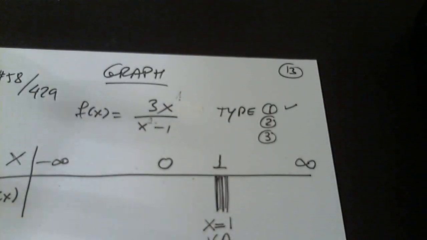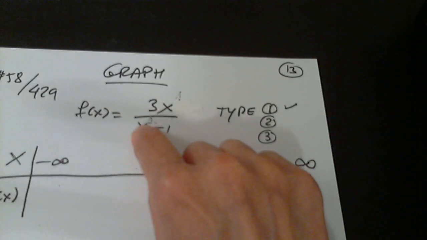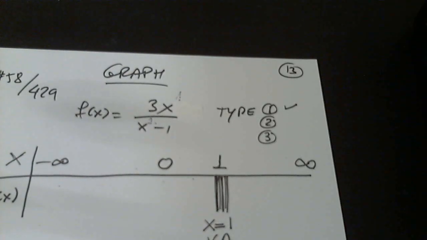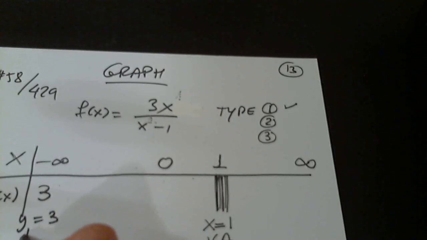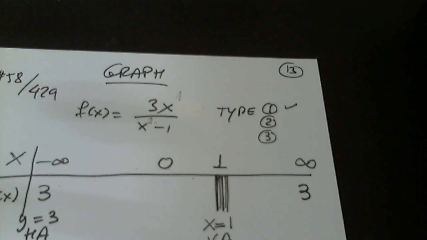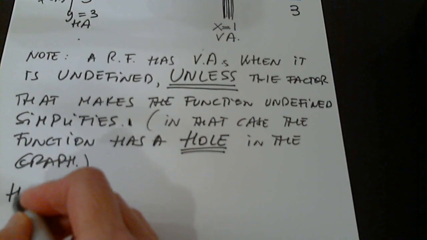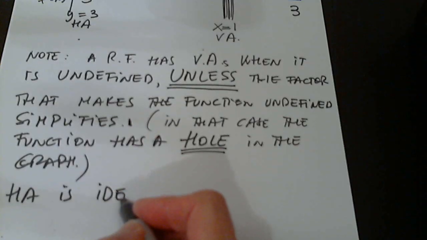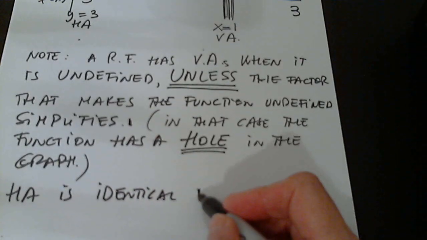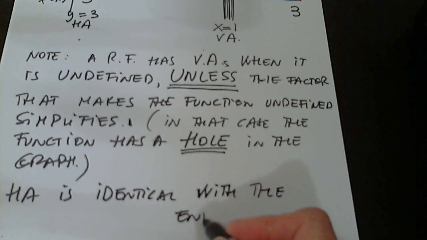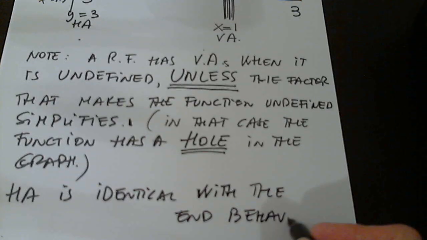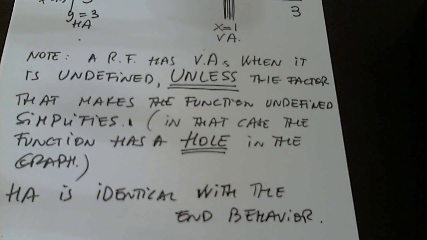So, what is the leading coefficient of the top? Three. Perfect. What is the leading coefficient of the denominator? 1. So how much is 3 over 1? y equals 3, horizontal asymptote. Notice that the horizontal asymptote is identical with the end behavior.